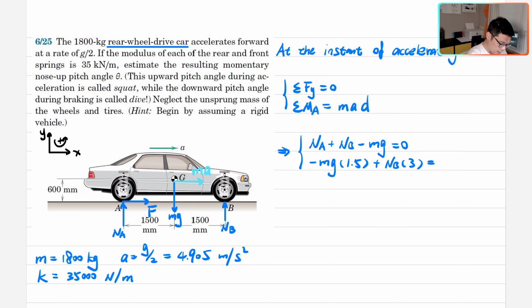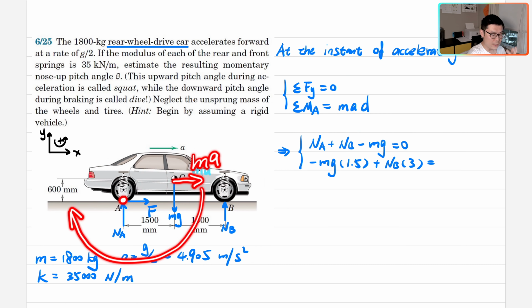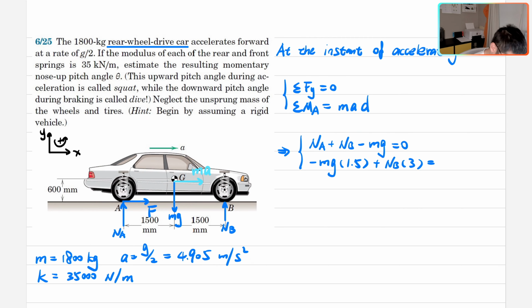So we are looking at how this force ma is making a moment about point A. First of all, it is clockwise, so it will be negative. Then how far? What is the moment arm in this case? Okay, think about this, looking at it. This is our moment arm. In this case, 600 millimeter, which is 0.6. And negative ma times 0.6. Your a is calculated at the beginning, 4.905 meter per second square.